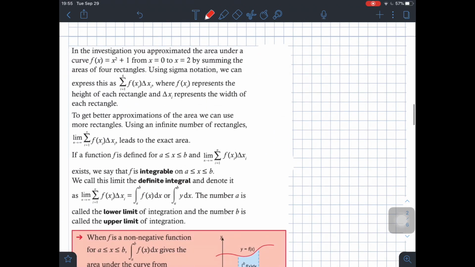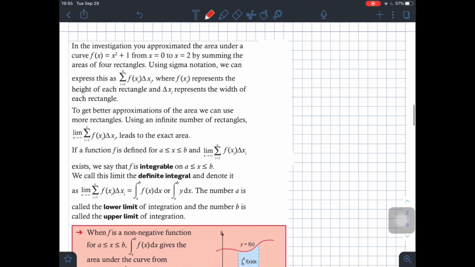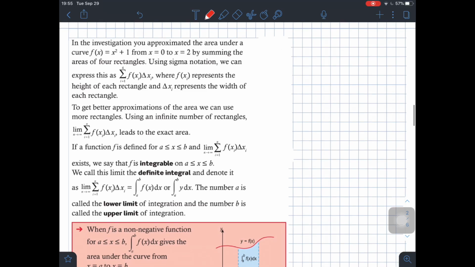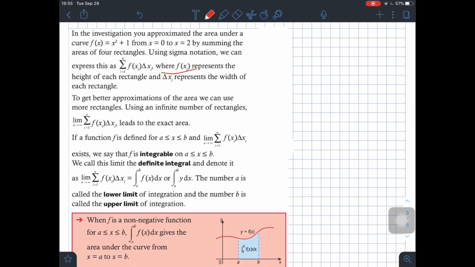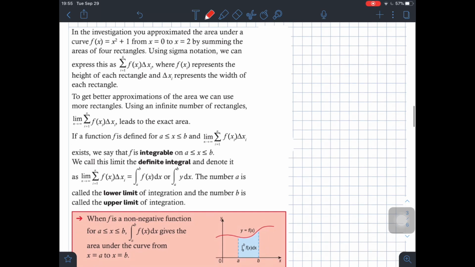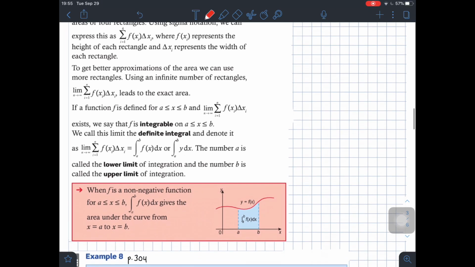Then it says, this is a theoretical part of this. It says, in the investigation, you approximated the area under a curve f of x equals x squared plus 1 from x equals 0 to x equals 2 by summing the areas of 4 rectangles. Using sigma notation, we can express this as the sum of the areas of the rectangles from 1 rectangle to 4 rectangles, where f of x_i represents the height of each rectangle and delta x_i represents the width of each rectangle.